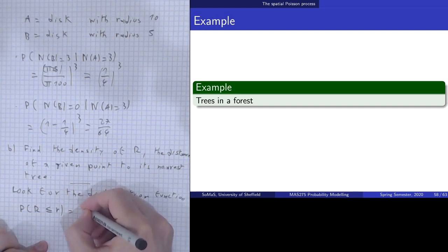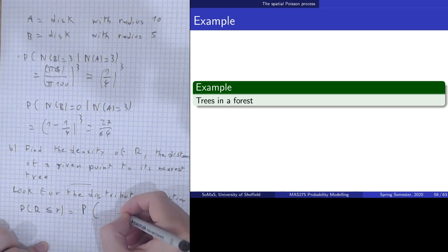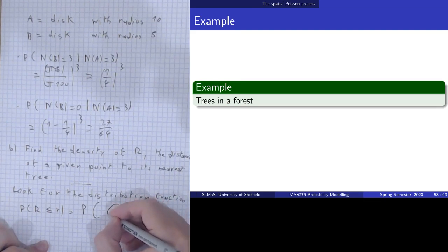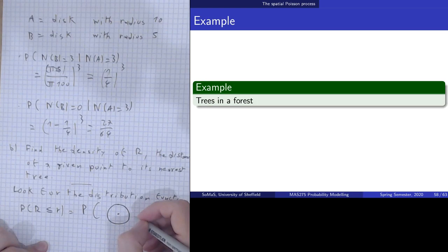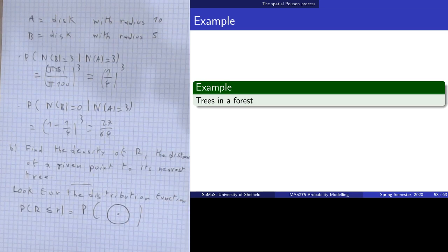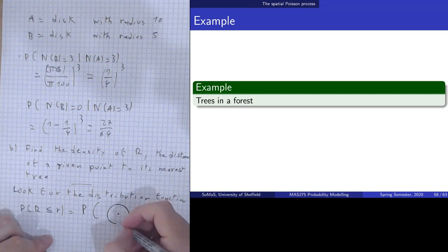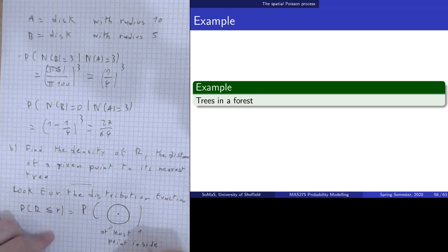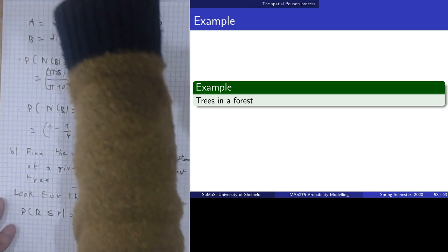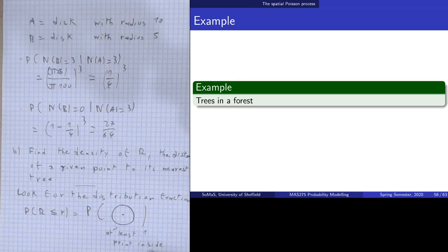So that's the probability that I have my given point, and then I take a circle with radius r, and I want at least one point inside this. And we know that the number of points inside is a Poisson variable, and its parameter is the area.